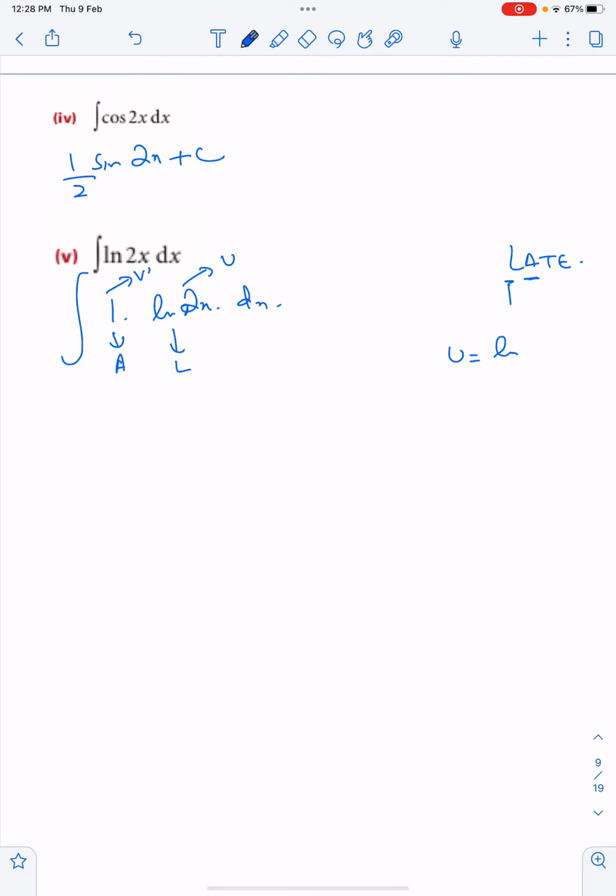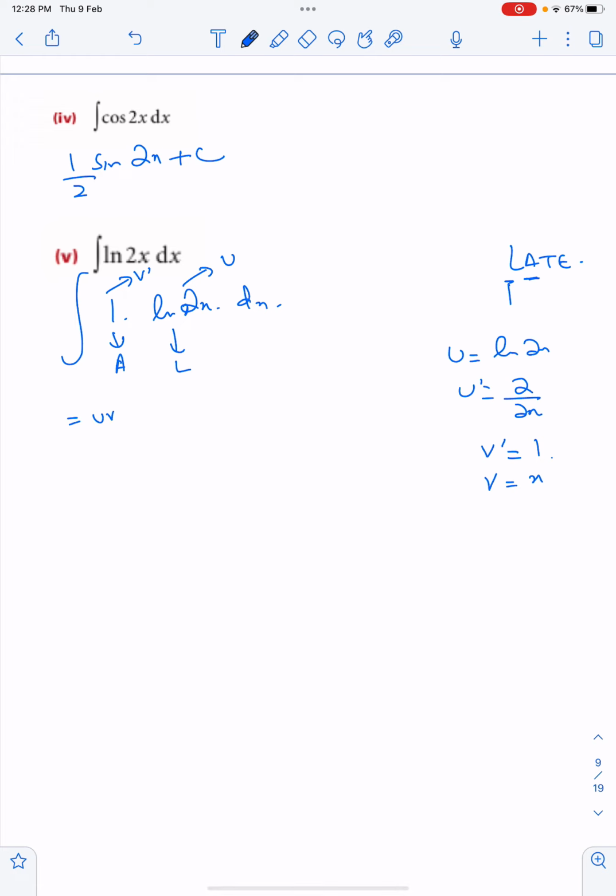If u is ln 2x, the differentiation of u would be, for ln, whatever is with ln goes down in the denominator, and then you differentiate it and write it up in the numerator. v dash is 1, so you integrate it, and v is going to be x.